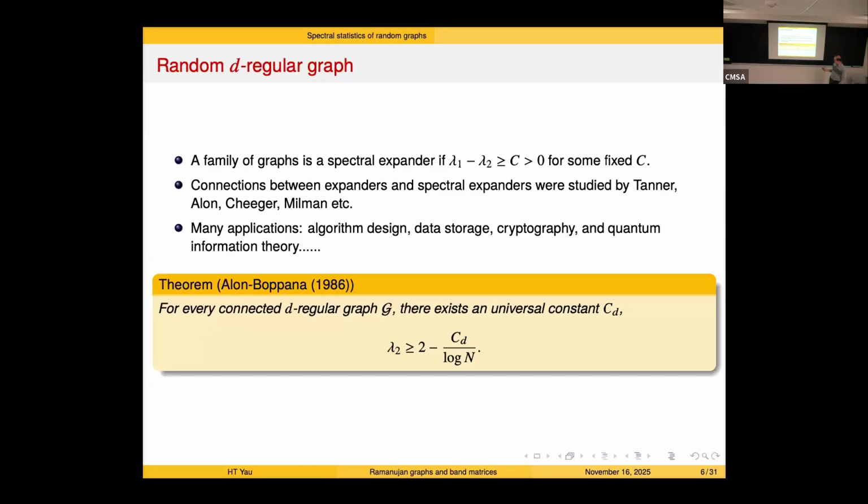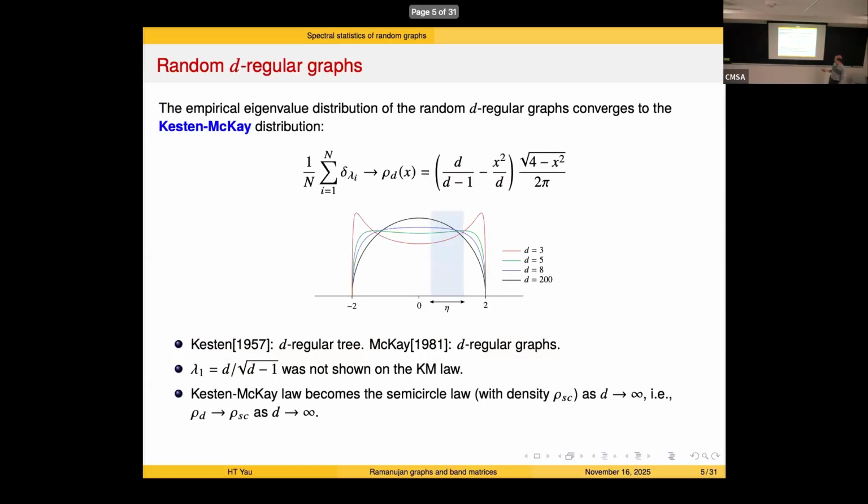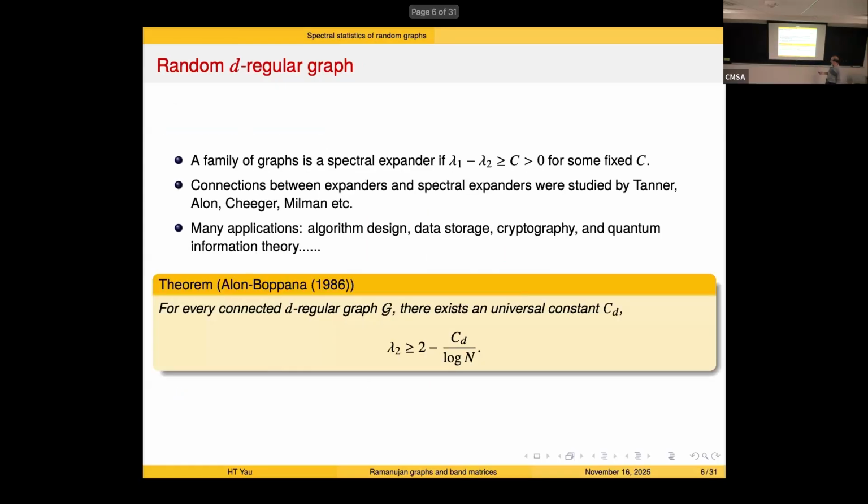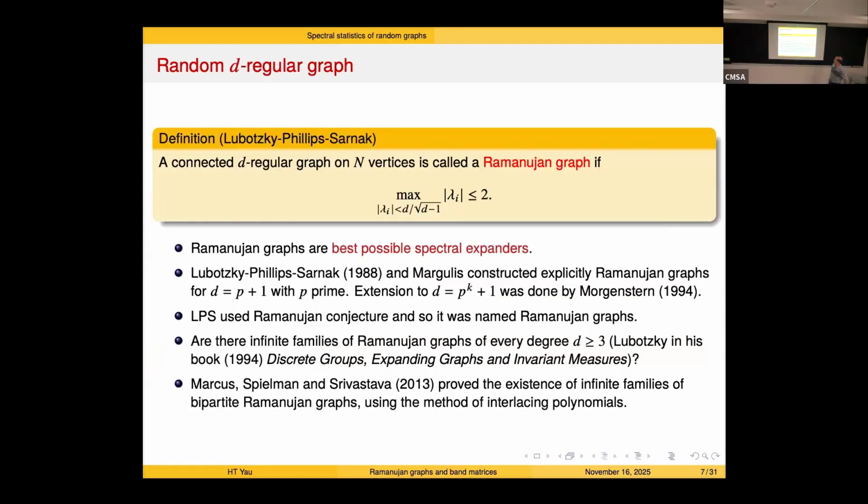Come back to the picture here: you can see there is an eigenvalue here, but the second one has to be close to 2. It cannot go much below here. So this was the Alon theorem. Now there is a graph called a Ramanujan graph.